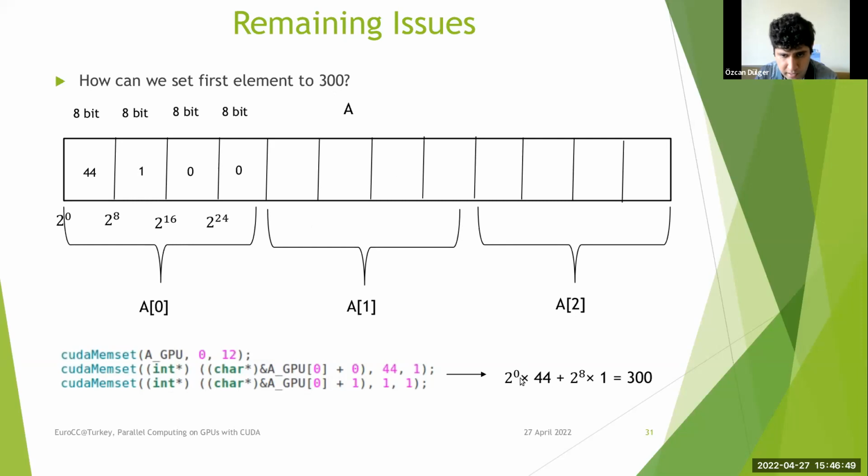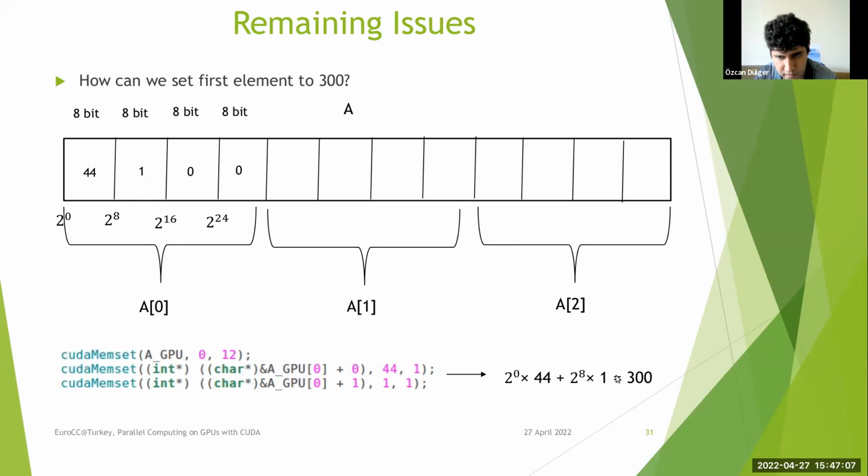Okay, and we can achieve the corresponding value by multiplying 2^0 with 44 plus 2^8 times 1, which will give us 300.